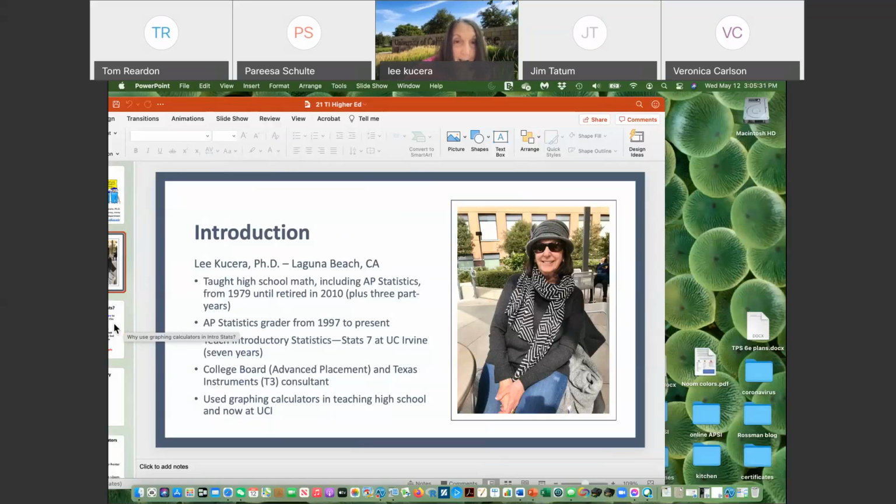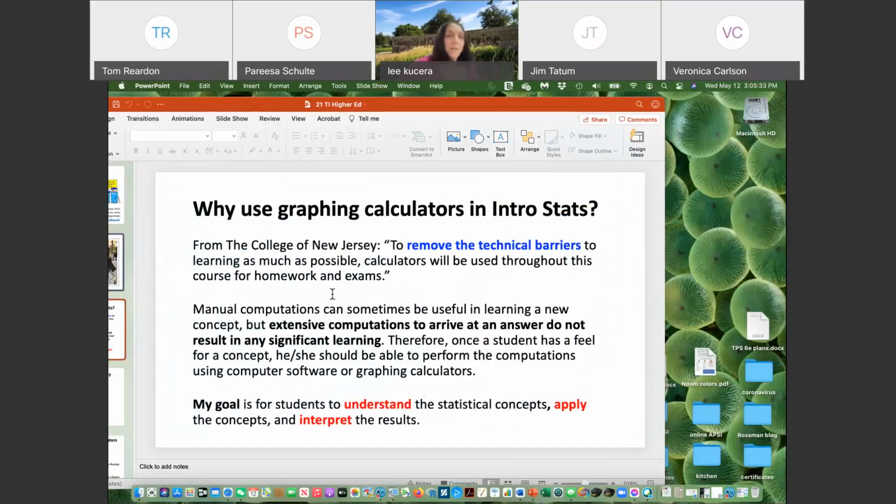So yeah. Why use graphing calculators in intro stats? I found this on the College of New Jersey's website, and they said they want to remove the technical barriers to learning as much as possible. Calculators will be used throughout the course for homework and exams, because while manual computations can be useful when you're learning a new concept, if all you're doing is extensive computations to arrive at an answer, you're really not gaining anything.